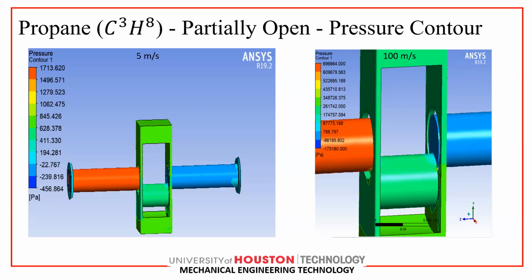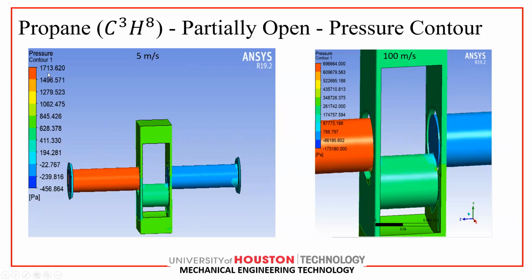These are other pictures of the CFD on ANSYS when the gate is partially open, with a pressure contour. These are 2 pictures for 5 meters per second and 100 meters per second.